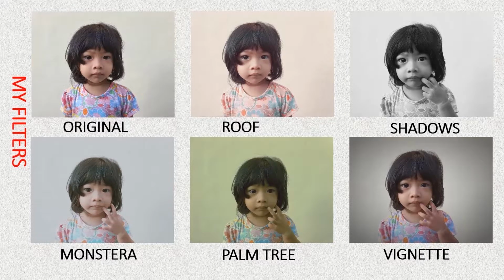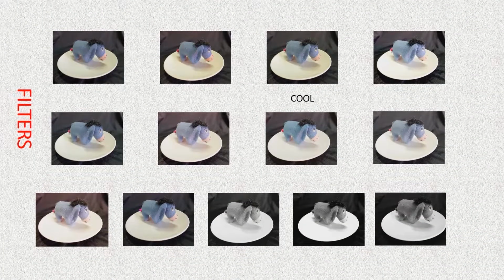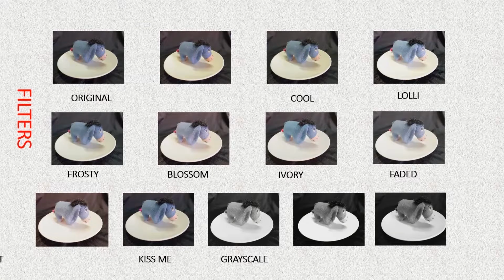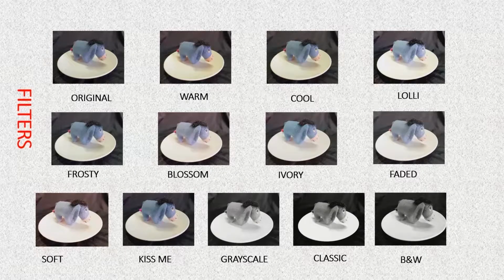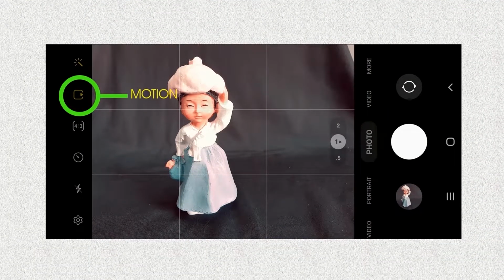Your picture will look cool: original, lolly, ivory, blossom, frosty, faded, grayscale, kiss me, soft, classic, black and white, and warm. You just try yourself what kind of facilities provided by your device. Now this is the motion. Since we do lots with the still picture, I won't discuss this, but you may try yourself.